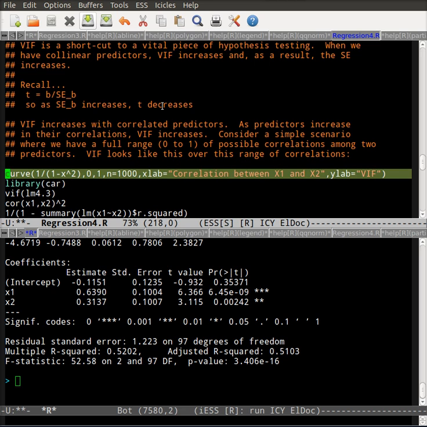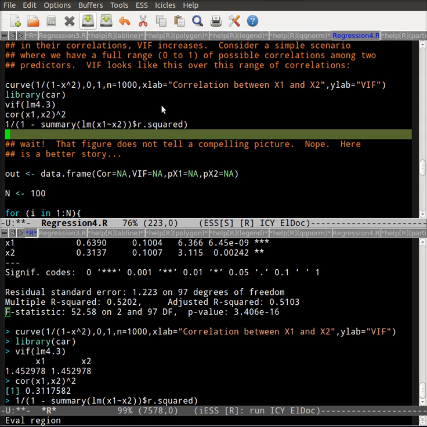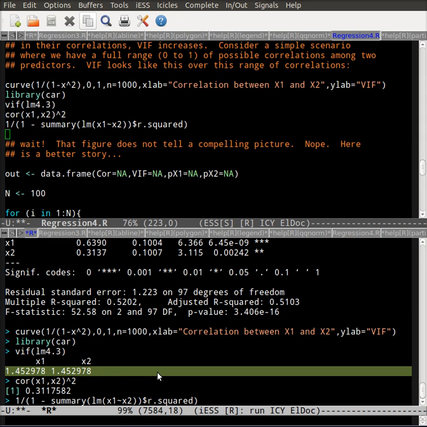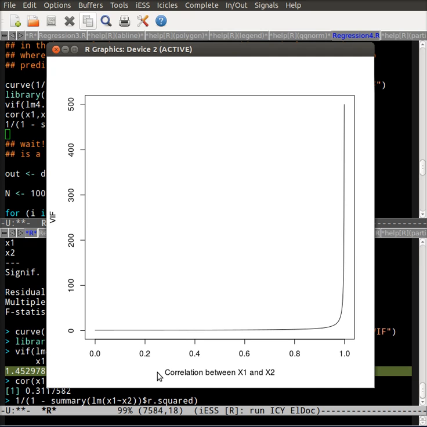But then I oftentimes get from students what the correlation between our predictors needs to be in order for VIF to be a problem. And the answer is, I don't know. And probably a better answer is, well, it all depends.